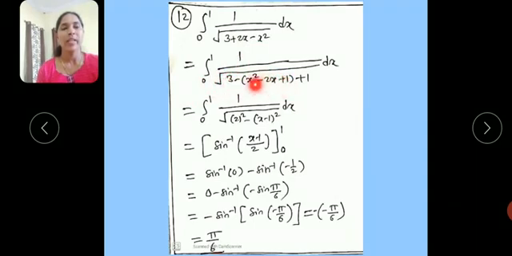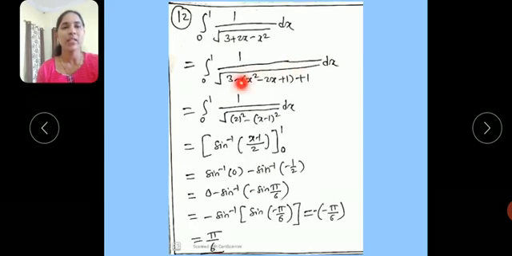Here, making a perfect square as per the formula, adding and subtracting 1, we get the step 0 to 1, 1 upon square root of 3 minus x square minus 2x plus 1, dx. Here this is equal to 0 to 1, 1 upon square root of 3 square minus x minus 2 its square.